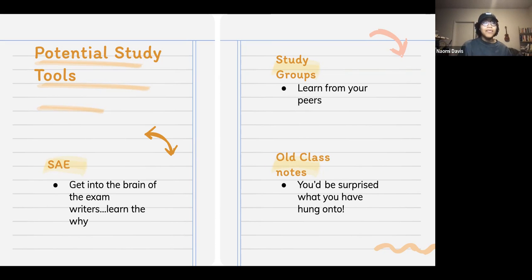But the reason that I really liked the self-assessment tool or the practice exam was because it was more than just, am I able to get all of the answers right or a lot of the answers right. It allowed me to get into the brain of the exam writers and learn the why. It was more important than learning the what in understanding this exam.